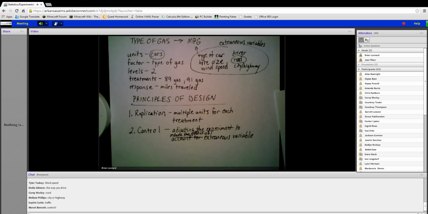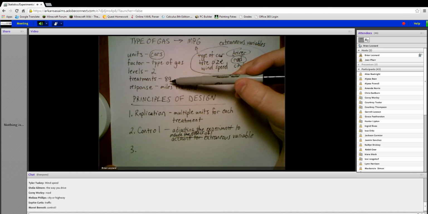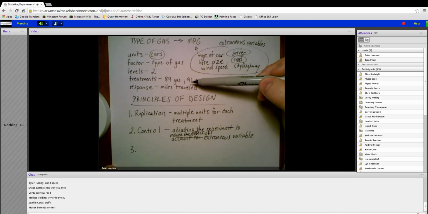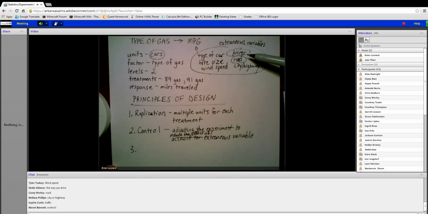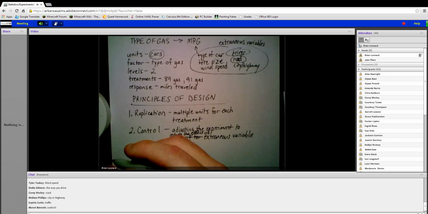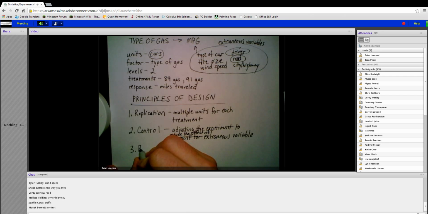But the problem is, let's say just for instance, that I'm going to run this experiment and I don't want to do all the driving myself. The driver is going to get ridiculous if I have to go out there and drive, let's say, 25 times on a full tank of this and 25 times on this. That's getting ridiculous. So instead of controlling for this, what I can do is the third principle of design, which is called randomization.